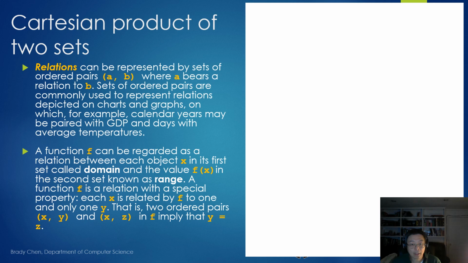Now, let's take a look at the example. Suppose I have 2 sets, A, which contains 3 elements, and another set B, which contains 2 elements, 3 and 4.